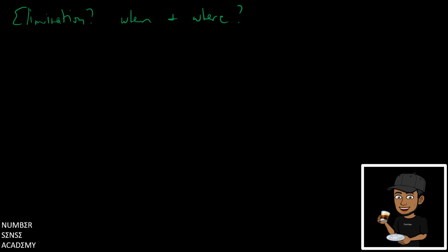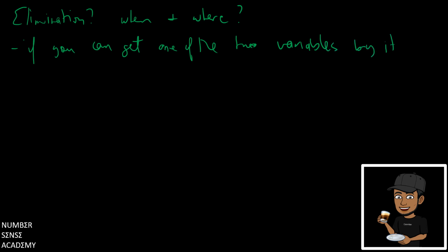What I've established is that if you can get at least one of the two variables to stand by itself, then go with substitution. If that's not the case, then go with elimination.